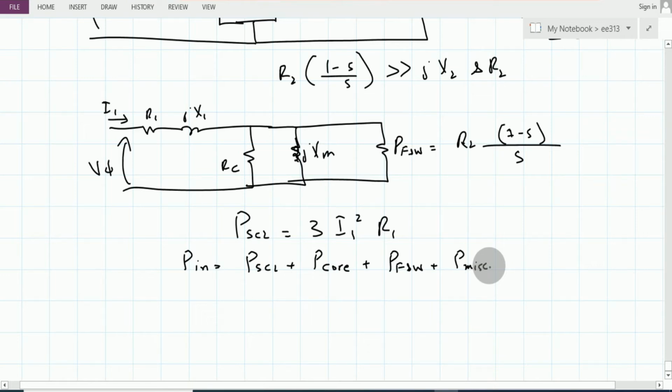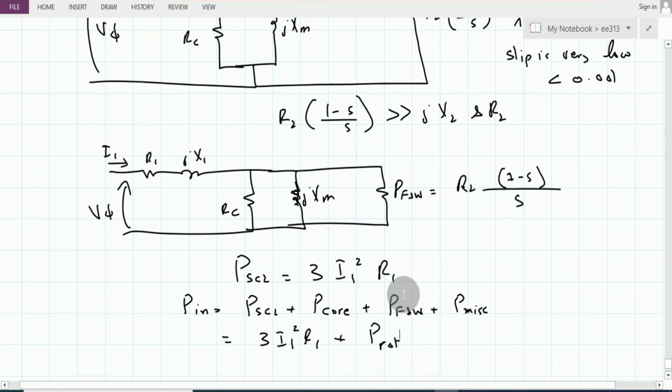This can be written as 3 I1 squared R1 plus the rotational losses, P_ROT.